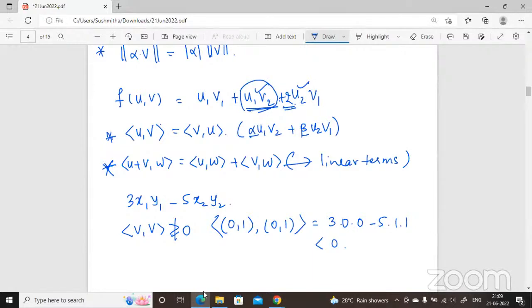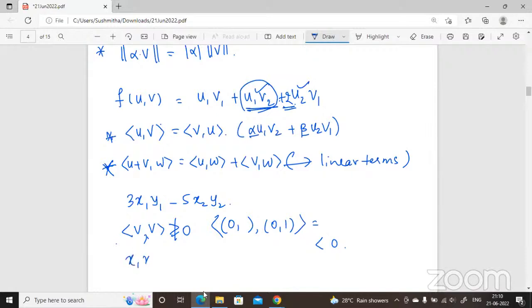Ma'am, that example, can you please explain? I could not understand. Yeah, I'll do that. Ma'am, 0 comma 1 is x1 comma x2 and y1 comma y2, no? I want the inner product of v comma v to be greater than or equal to 0. Okay, then we have to change the vector.